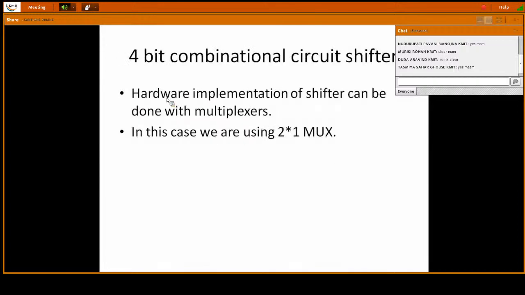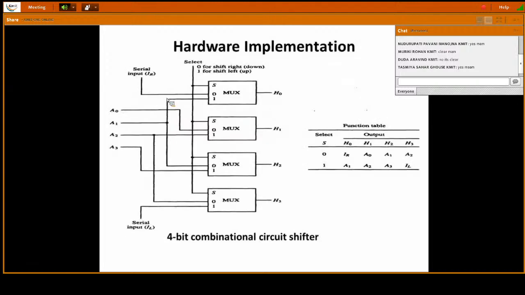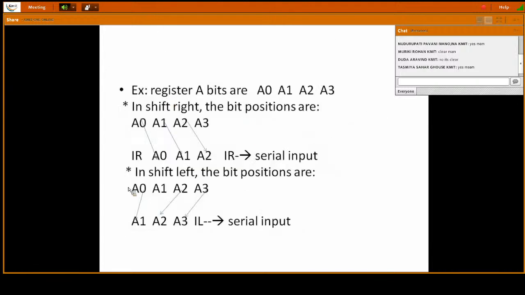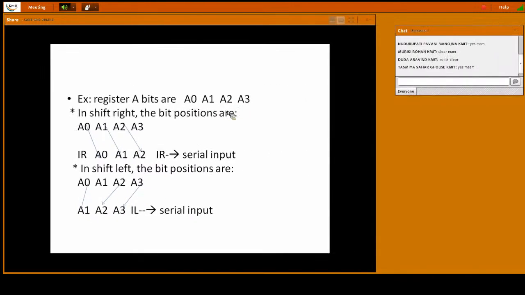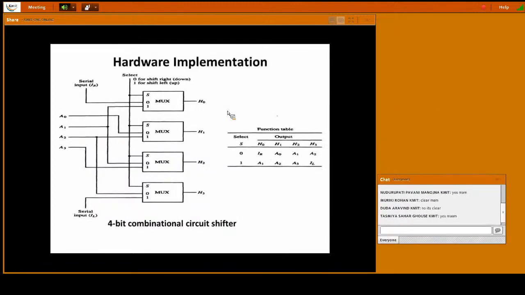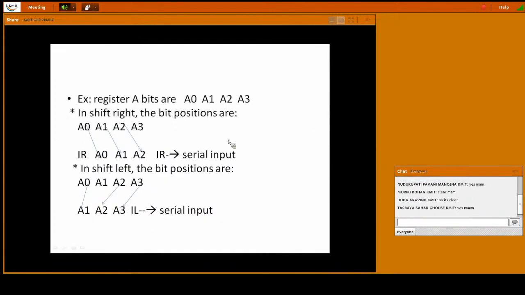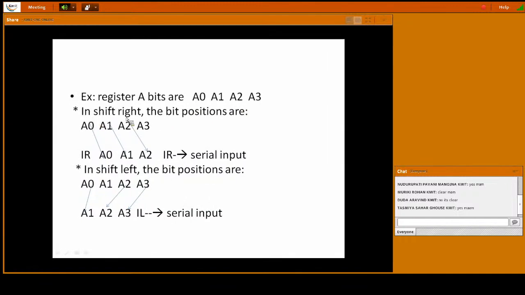Now we'll see the hardware implementation of this shift micro operation. Before that, we have a register A of size 4 bits, A0, A1, A2, A3 are the 4 bits of your register. So consider a 2 by 1 multiplexer. Now, on this register, if you are performing a shift right operation, what will happen?